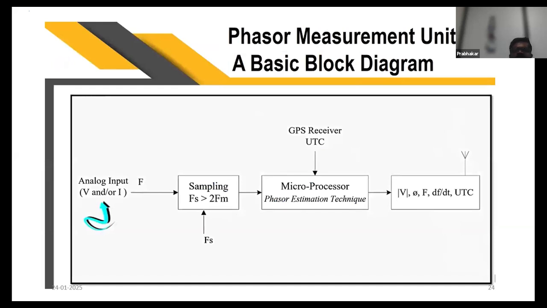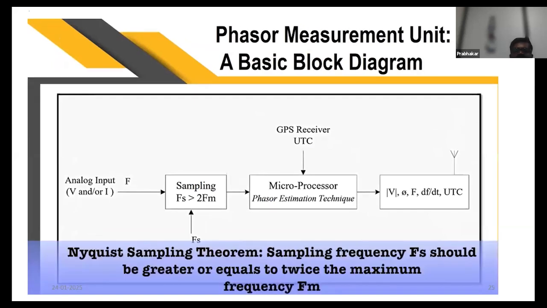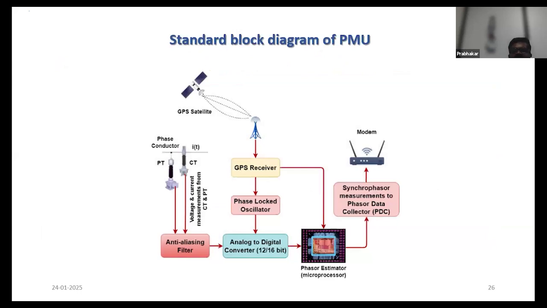This is a basic block diagram of how the PMU works, and as you know, from a stability point of view, the Nyquist criterion is what the sampling is based on. You can see the CT and PT, because, as I also said in the morning, we cannot avoid using this PT and CT.